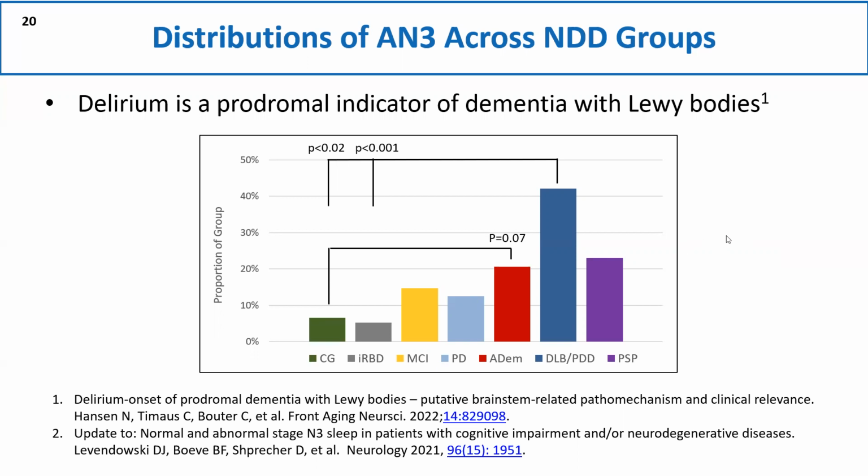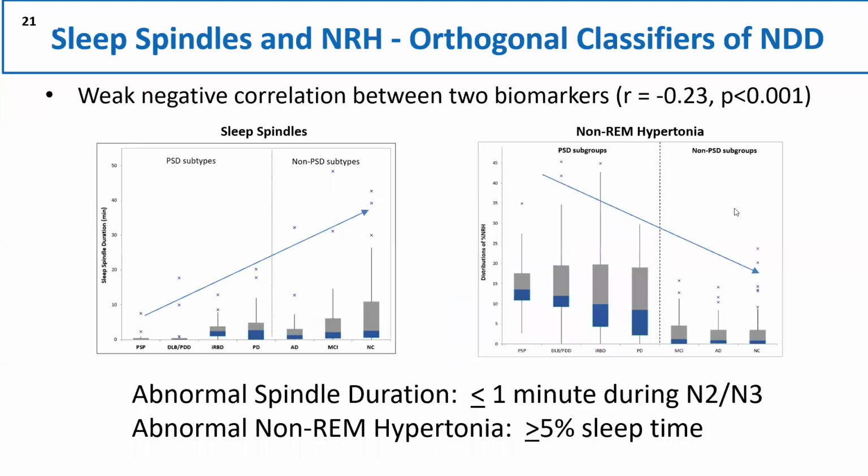Abnormal AN3 is where 4% of the night is characterized as atypical N3. This is an important finding because delirium has been suggested as a prodromal indicator of dementia with Lewy bodies. We believe this biomarker may help us, as we start doing our longitudinal studies, to identify those patients with dementia with Lewy bodies as they transition into more severe symptomatology.